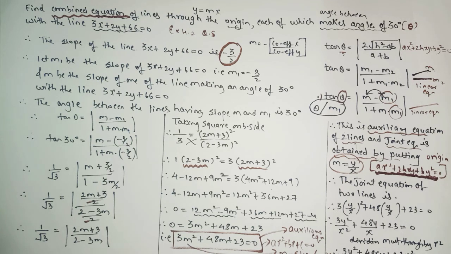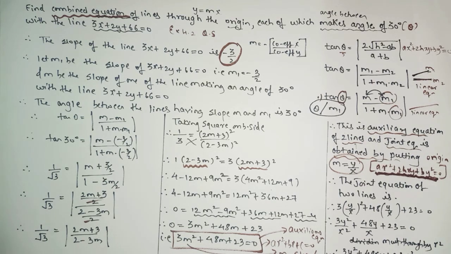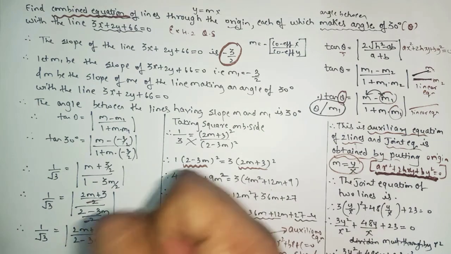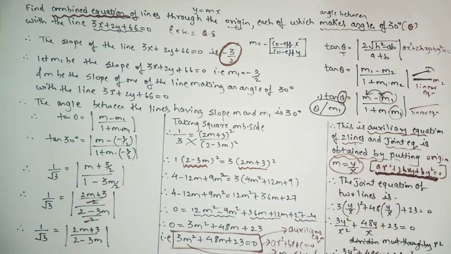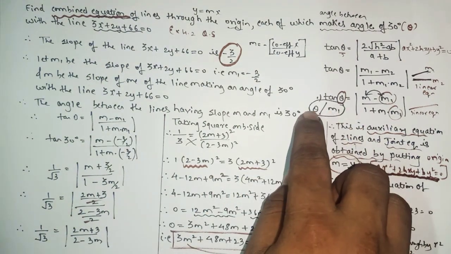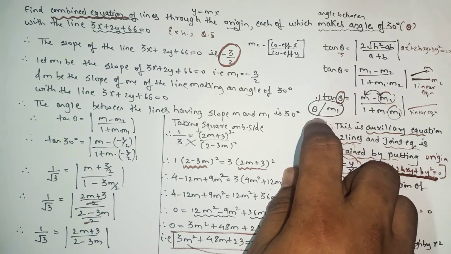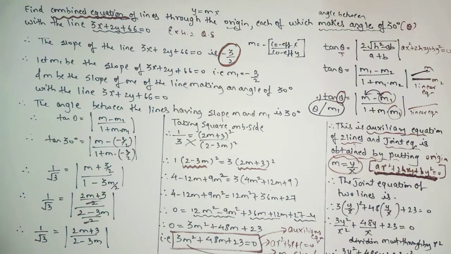So whenever you see that you have to find the combined equation, remember that for type number 1, 2, 3 the format was something different. Here you remember it as a new type: when you have a theta and one slope, with the help of this also we can find our combined equation. As I said in the first lecture, the chapter is very easy and simple.